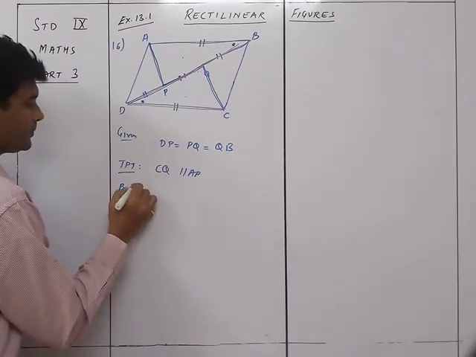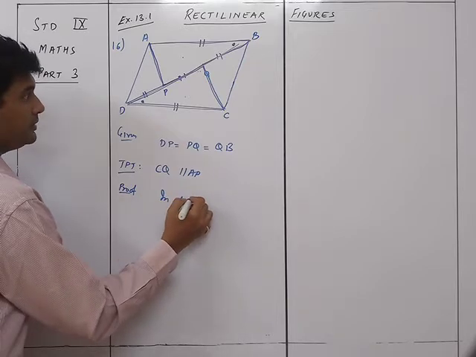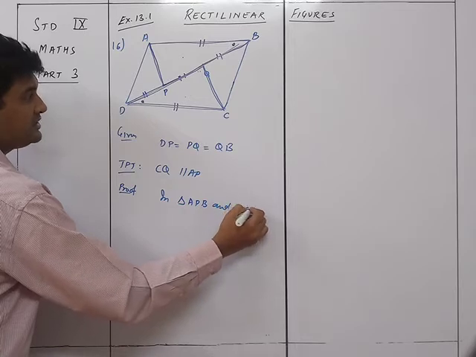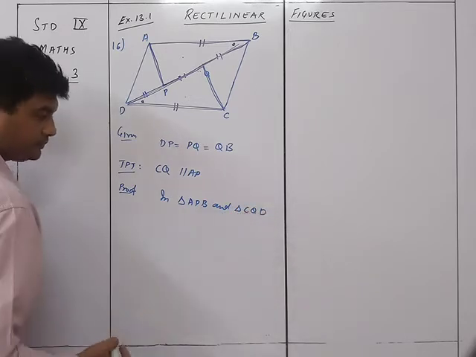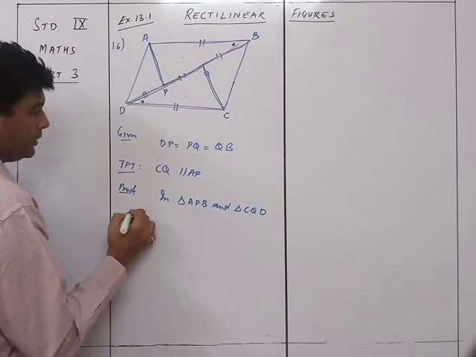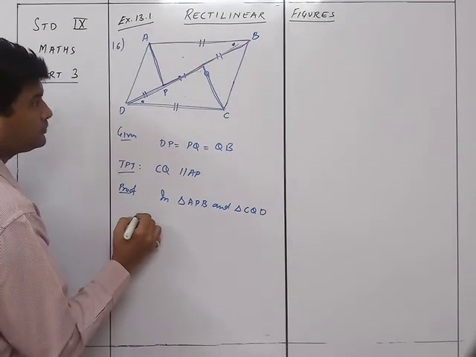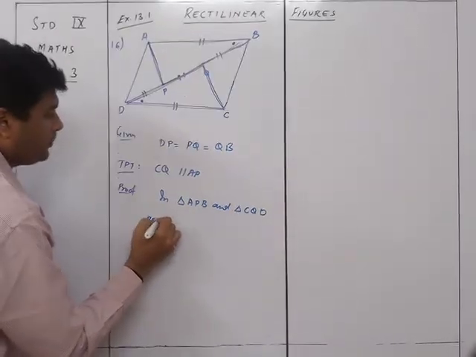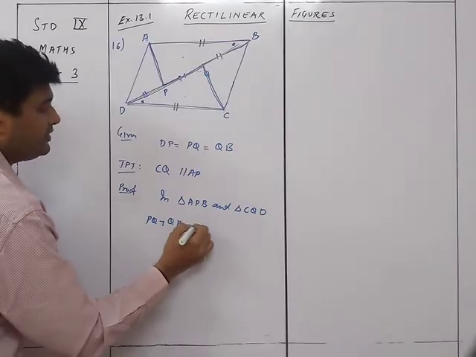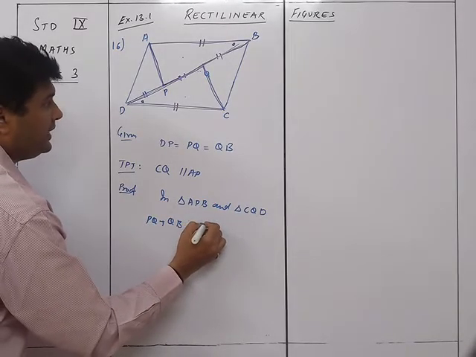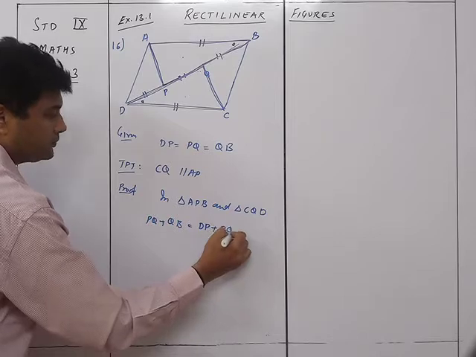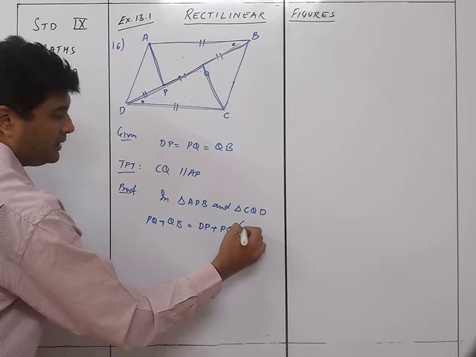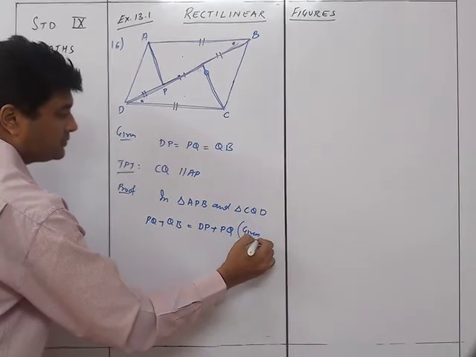Proof: in triangle APB and triangle CQD, we know that PQ plus QB is equal to DP plus PQ, given equal, given trisection.